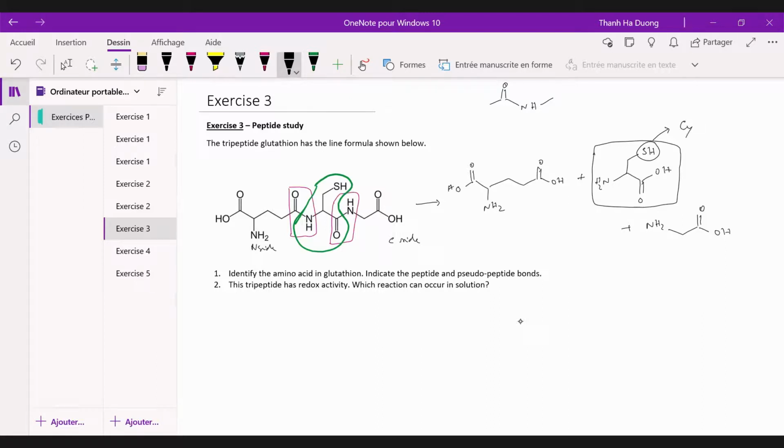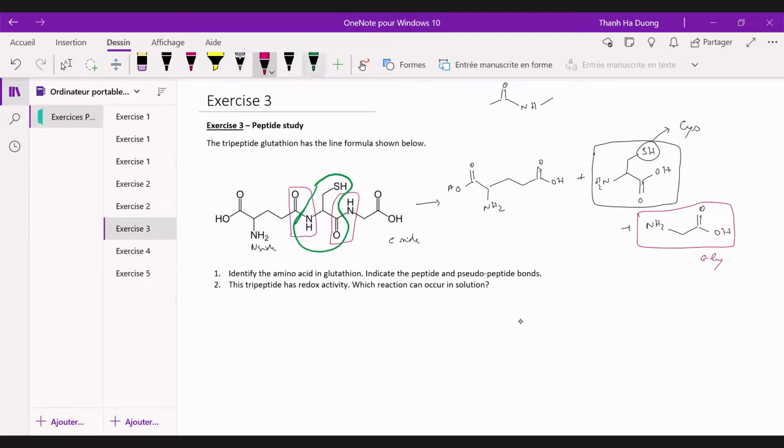Cysteine. Yes, cysteine. This one, I will put another color. There is the carboxylate group, the amine group. There is no side chain. This is the smallest amino acid, a very tiny amino acid. This is glycine. Yes.